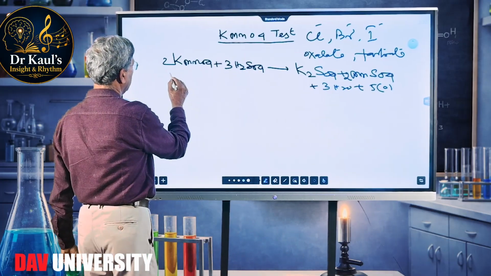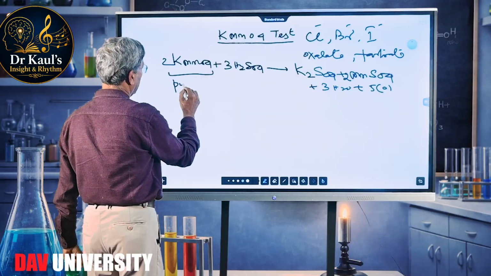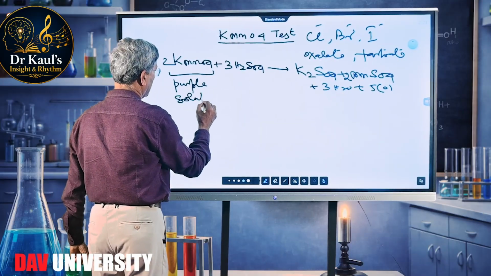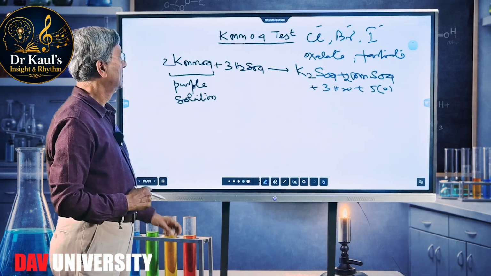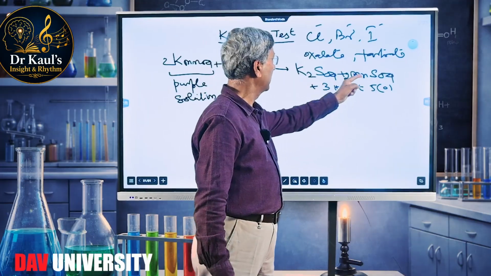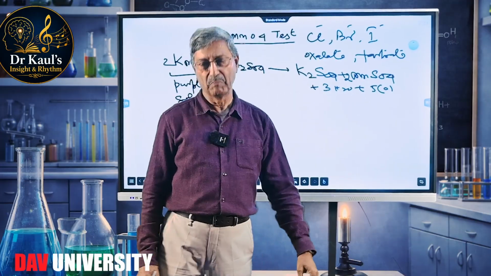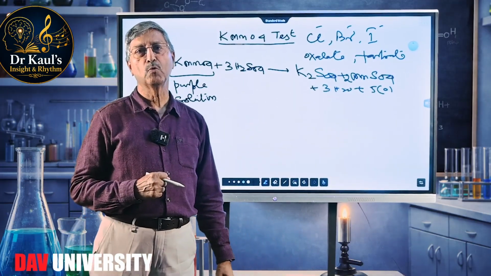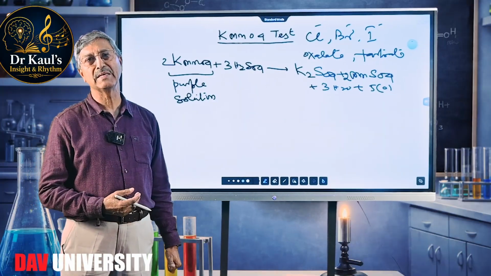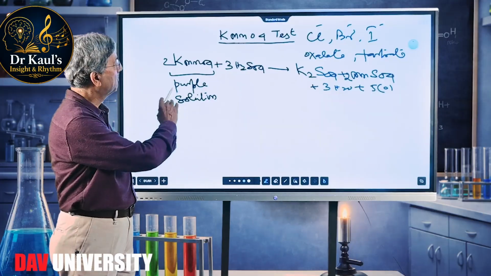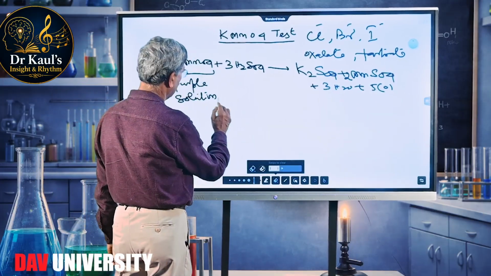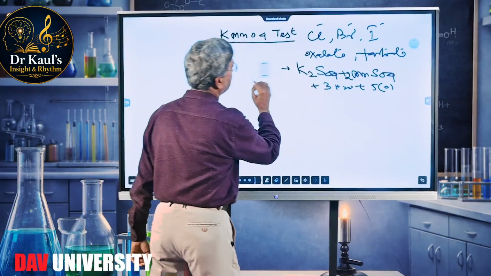KMnO₄, purple colored, in this forward reaction will give us potassium sulfate, manganese sulfate, water and nascent oxygen. But this reaction will happen only if some oxidizable material or some reducing agent is present there. So this is a basic equation which we will be discussing. Now I will be discussing the situations with you one by one.